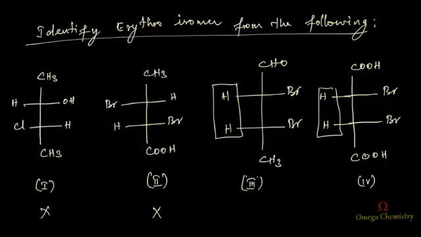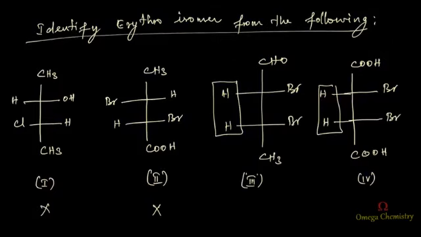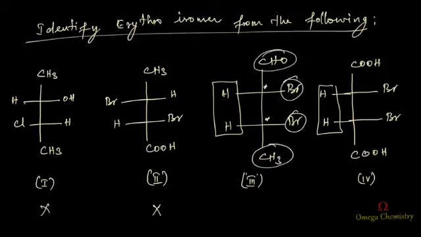But when we analyze the stereocenters and the condition for the Threo and Erythro nomenclature, we understood that the stereocenters should have two similar groups and one dissimilar group. That criterion is fulfilled by the third option, right? Now this one is attached to a methyl group and bromine. The same methyl group and bromine are attached here also, which means this fulfills it. Whereas here, all three groups are similar.